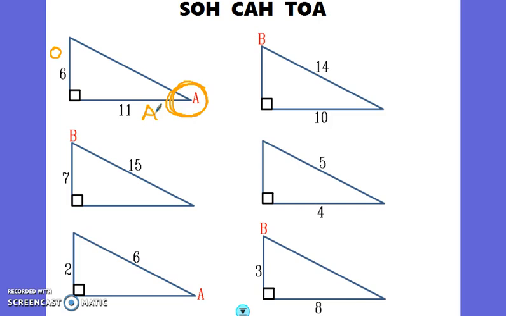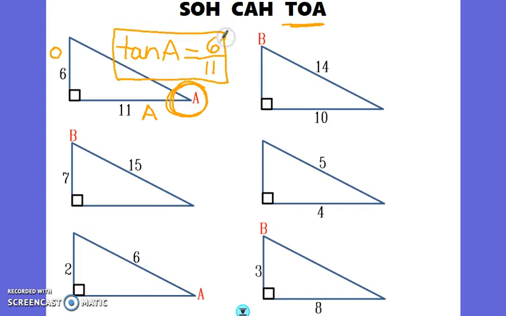And we did that before, remember? If you have an opposite and an adjacent, you should be setting up a tangent ratio. So the tangent of angle A, TOA, is 6 over 11. That's all we're doing. We're setting up tangent ratios, sine ratios, cosine ratios.